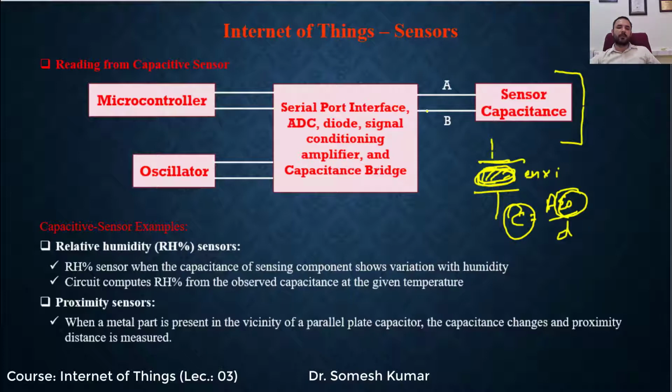This change of capacitance can be amplified first with the signal conditioning amplifier, then given as input to the analog to digital converter. Fine. And this is given to the microcontroller for display or storing purposes with the help of the SPI serial port interface.